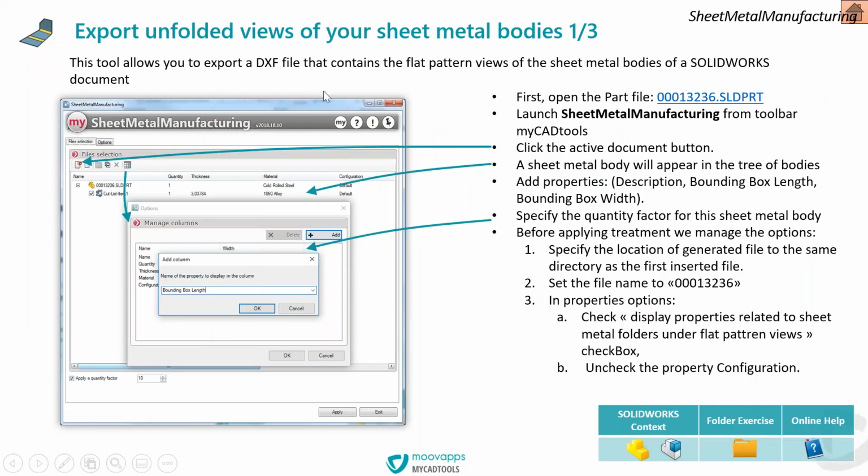So you can export it to DXF, which are flattened views of the body. Same thing, you need to launch this sheet metal manufacturing, and then you need to add the file. So what kind of properties do you want to add on? You want to export it to DXF.